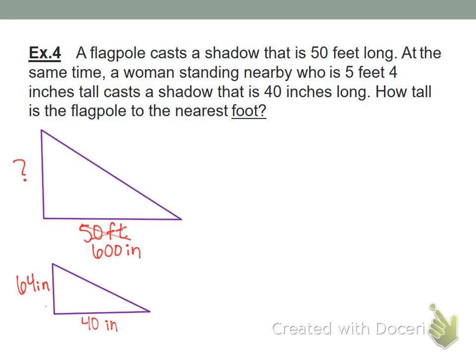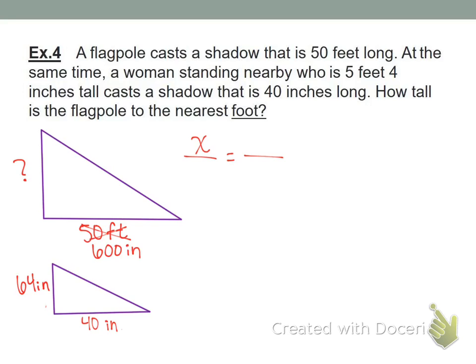If you really wanted to, you could have translated everything into feet. You just would have had decimals or fractions to deal with. If you did it correctly, I'd be fine with it. So we need to set up a proportion. Who can tell me what they want in their first ratio? X over what?